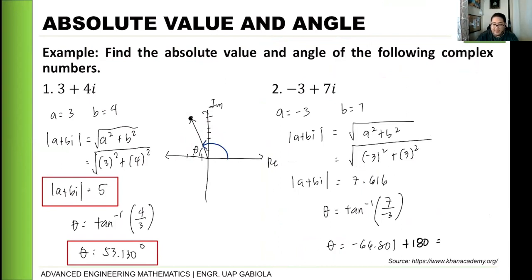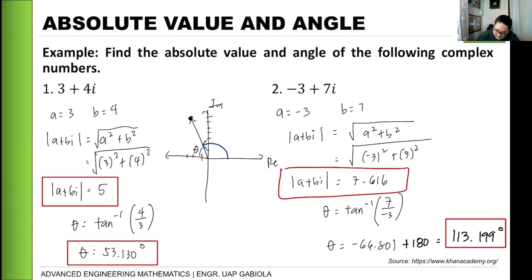Or i-minus natin sa 180 to get the desired argument para dun sa ating given complex number. Okay? So, please don't forget that. So, this should be our answer for theta. And then for our absolute value, this should be the answer.